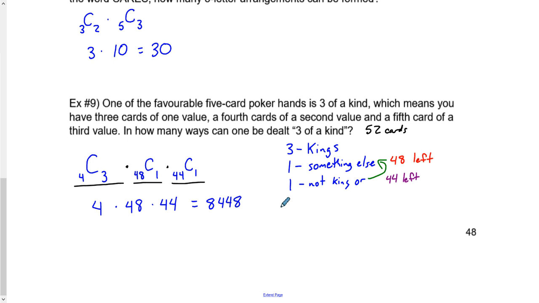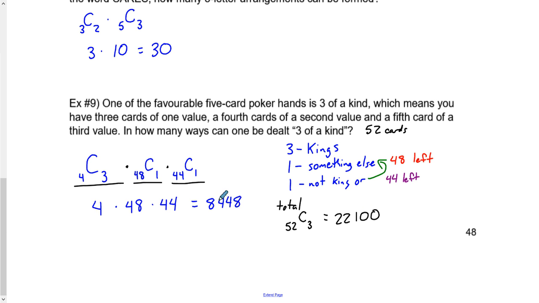If we're looking again, this is just an extension, the total amount of 5-card hands that we could have would be 52C3. And 52C3 will be 22,100.